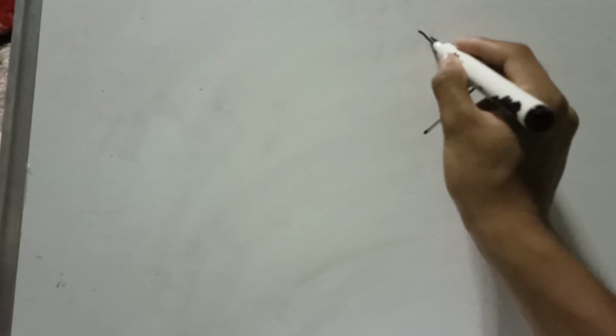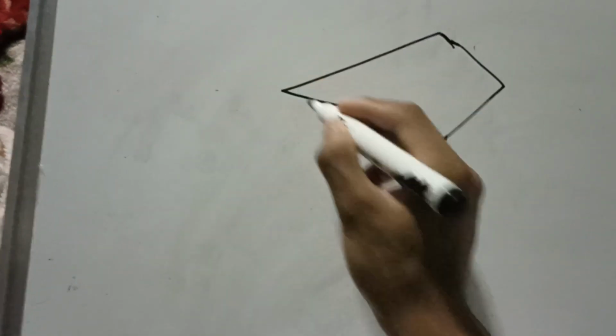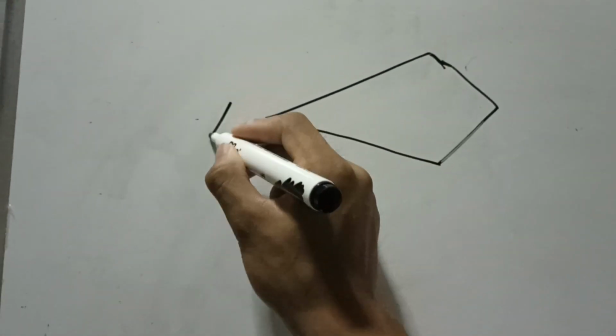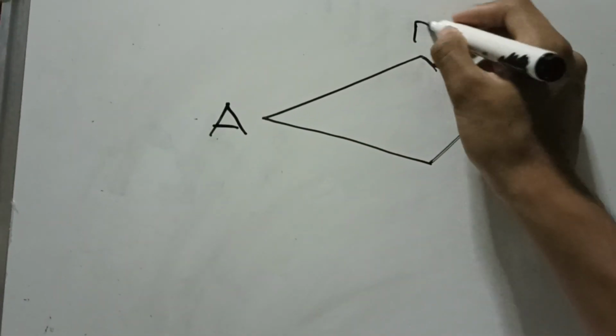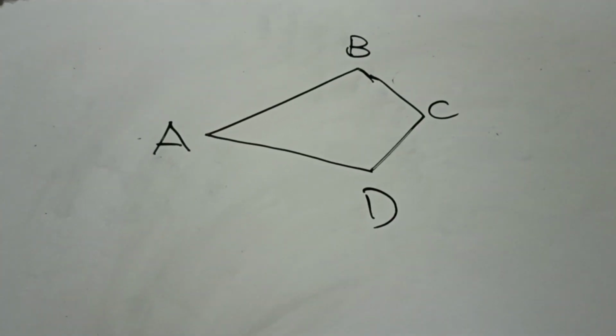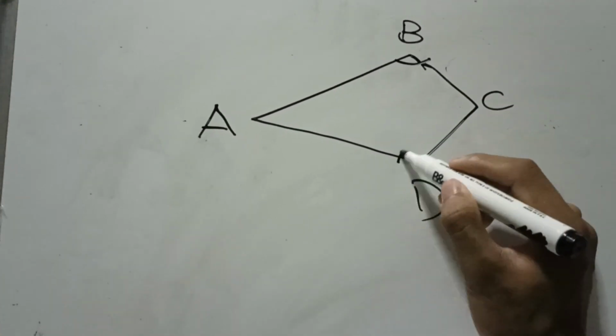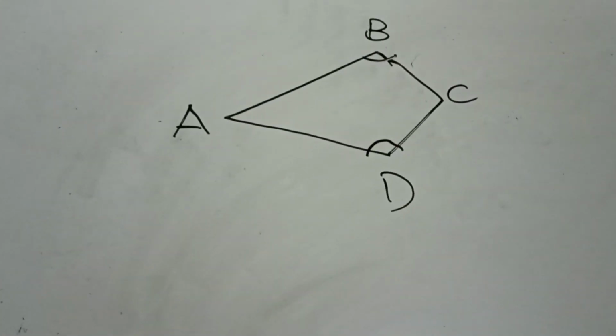Now let us move on to the properties of a kite. Let's call this A, B, C, and D. Now the first thing you need to know is that angle B and angle D are congruent.